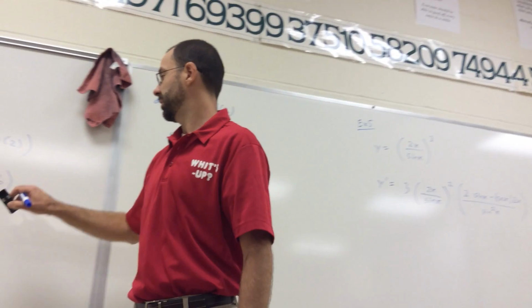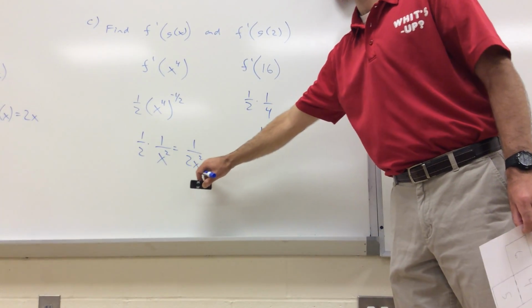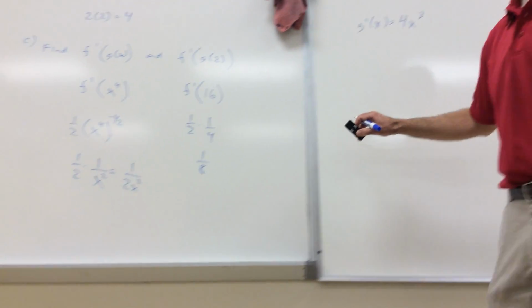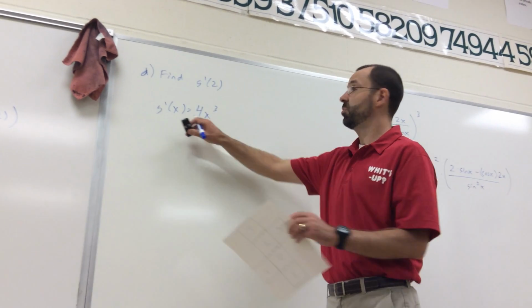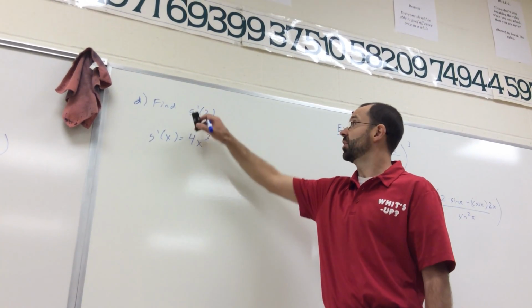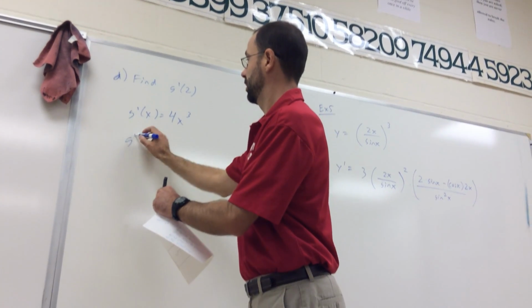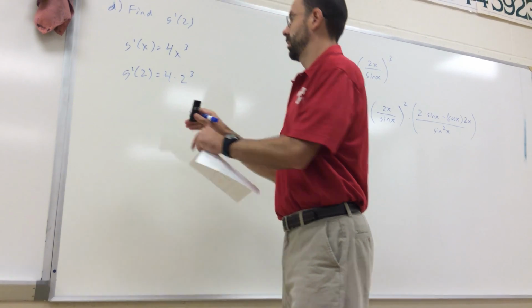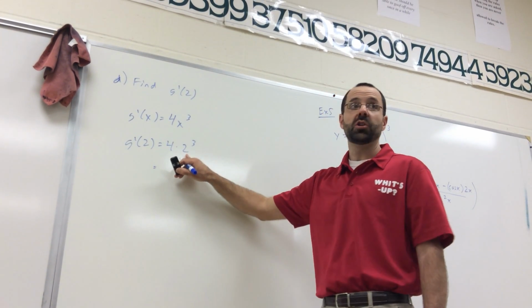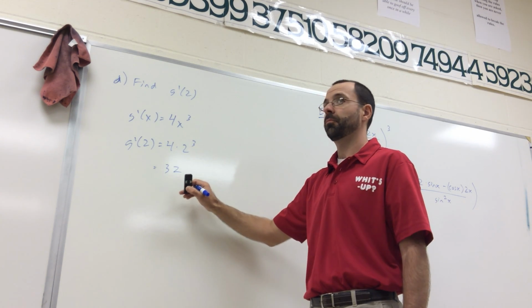Sure. Yeah, if you put a 2 there, you get 4, and then it's 1/8. Okay. Yes. Yeah, it's the same thing. Good, yes, nice. So g prime is 4x cubed. Then you plug 2 into that, and you get 4 times 2 cubed. 2 cubed is 8. So that's 4 times 8, which is 32.